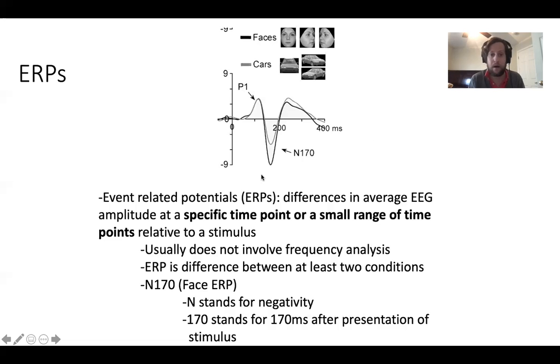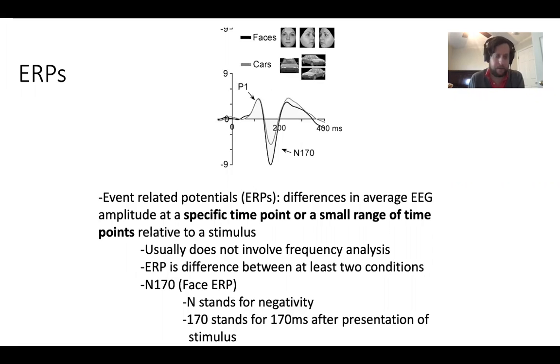This is the raw, unprocessed electrical signal as recorded on the scalp, though it's been averaged over many trials. These different waves are the average response over many different trials of seeing these types of objects. So one thing that makes ERPs different from frequency analysis studies is that there is no Fourier analysis. There are no different frequencies that you're looking at.